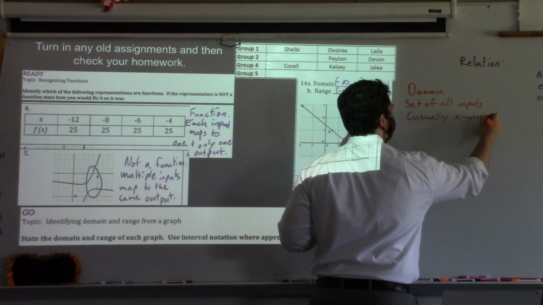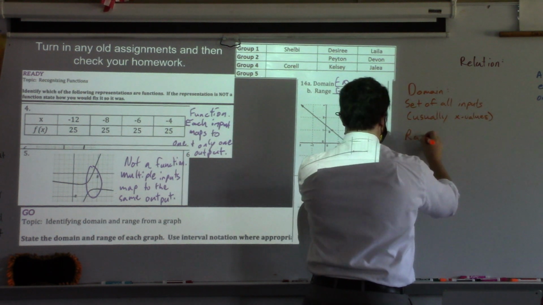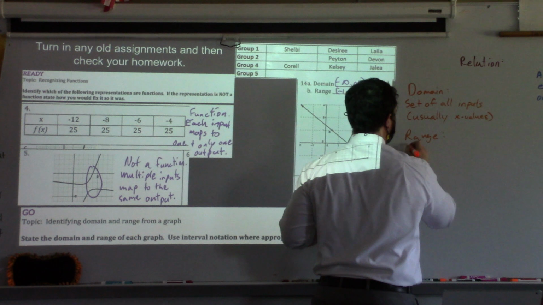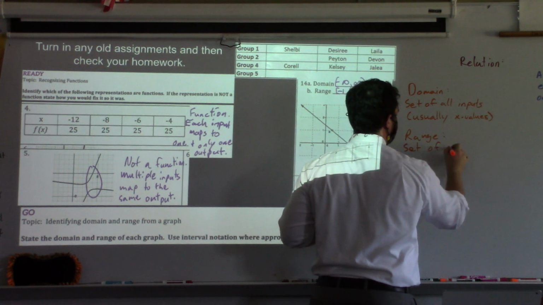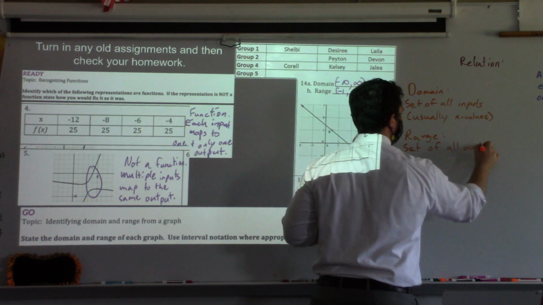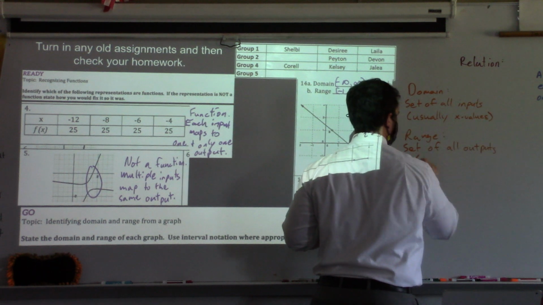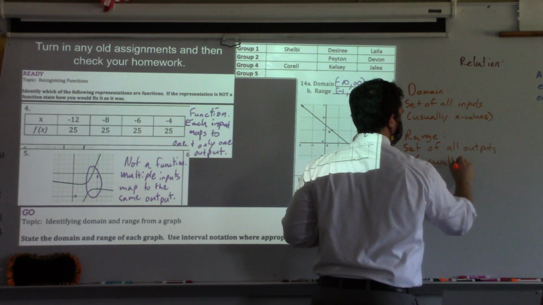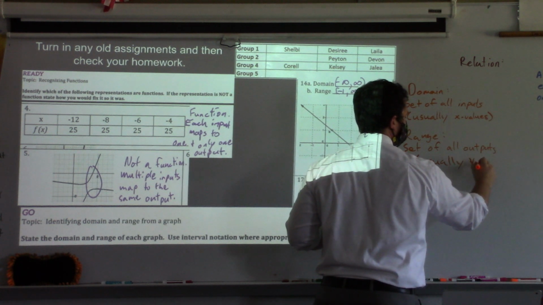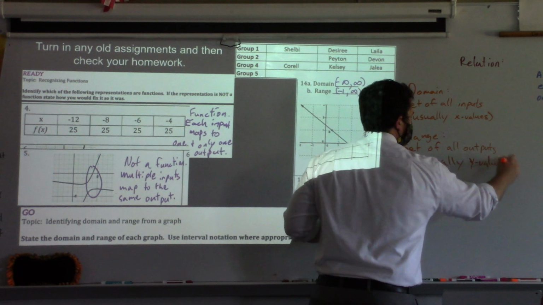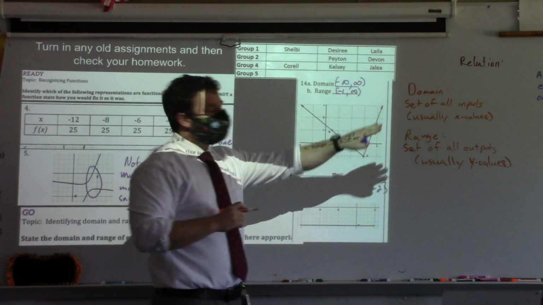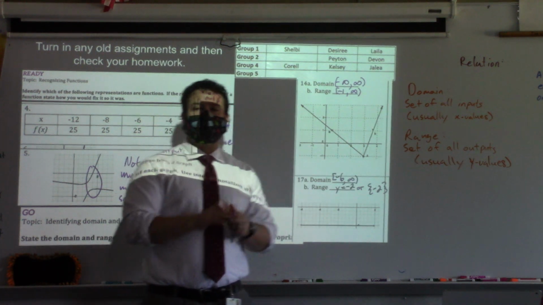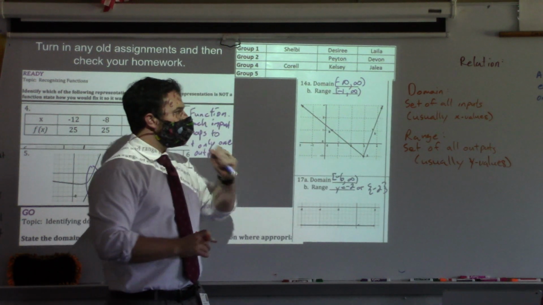In a similar way, when we say range, what are we referring to? All outputs. So usually y values. And Desiree, we're going to use interval notation whenever it's continuous, which these are.